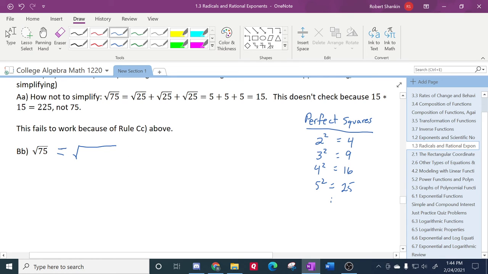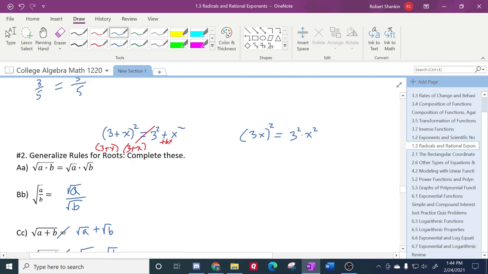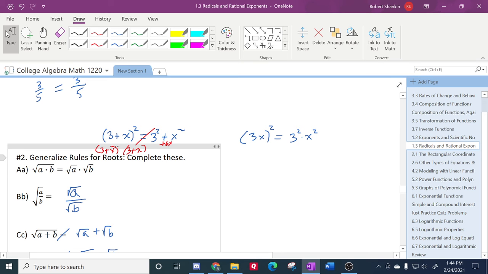What we want is to break up 75 into two things that multiply together. I'm going to do it 3 times 25, where one of those things is a perfect square. And I like to put the perfect square second. And then I'm going to use property A up here.